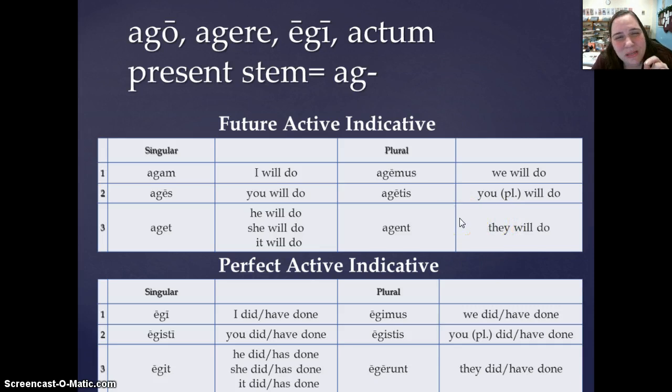Okay, now this is particularly important for you guys to remember. If you didn't know that ago, agere was third conjugation, you would see that e and think that you were in the present for a second conjugation verb. Again, it's just one more reason why it's so important for you to know the difference between first, second conjugation verbs, specifically second conjugation verbs, and third.